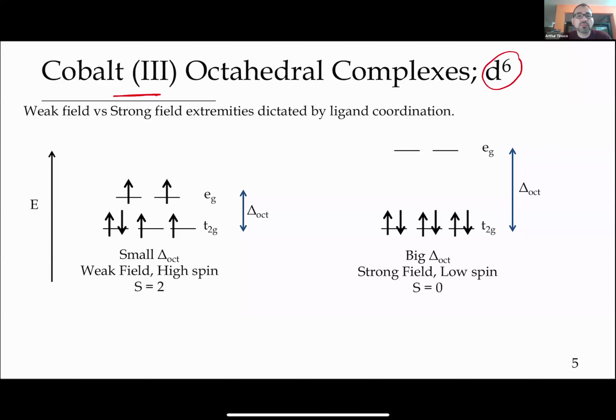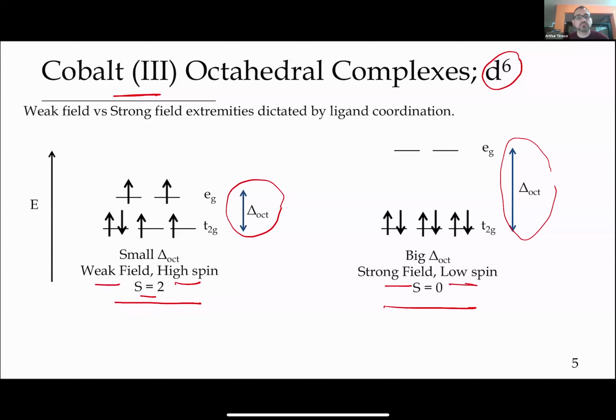And so when we put that type of metal ion into an octahedral field, we have this very typical splitting into our eg and our t2g orbitals. And so depending on the magnitude of delta, whether it's small, so that being a weak field, or whether it's big and that being a strong field, we can have the high spin case, which would be a spin of 2, or for a strong field, the low spin, and that would be a spin of 0.